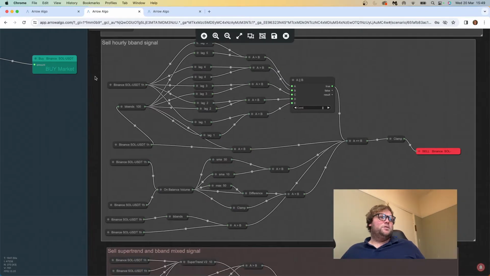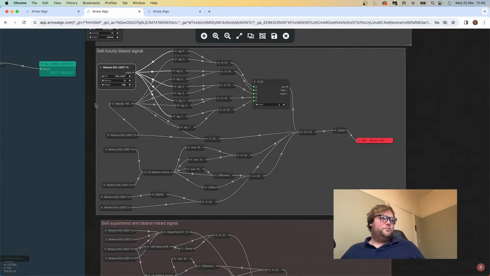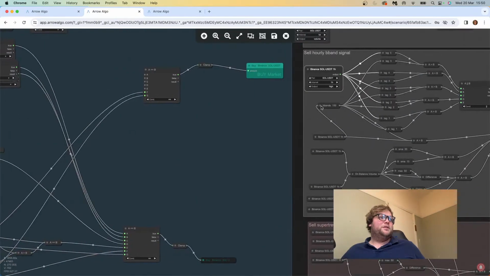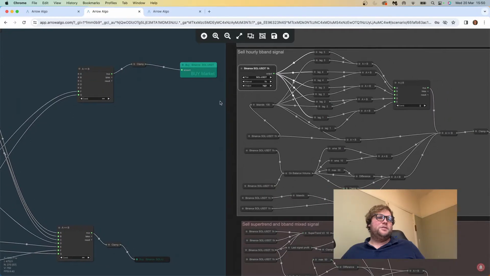So those are the daily rules. For shorter rules, again, we've got an hourly Bollinger Band set of rules here. So again, opposite to the Bollinger Band rules, the hourly shorter term rules we had there.